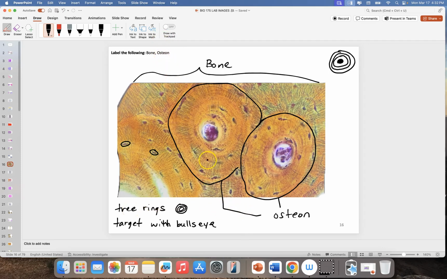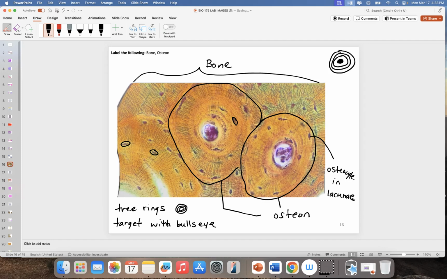I know I don't have it on my list up here in the video, but those cells that we see would be in lacunae, and again, they would be called osteocytes. So I'll circle another one, and then let's see. I'll kind of point to this one off to the side. And we can label that osteocyte in the lacunae.